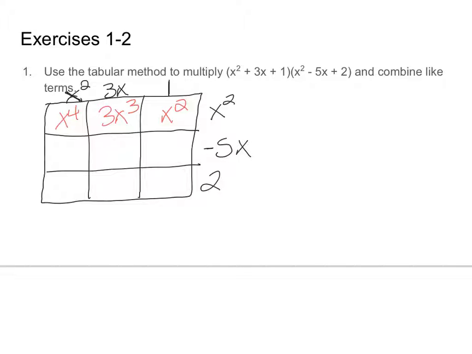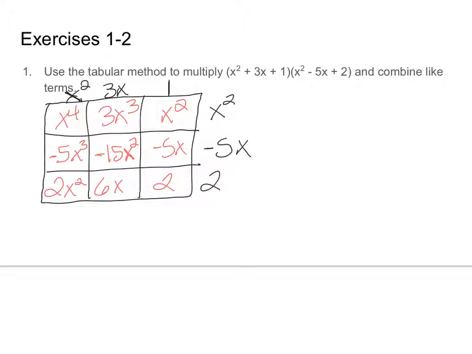X squared and negative 5x gives me a negative 5x cubed. 3x and negative 5 is negative 15x squared. 1 and negative 5x, got it. 2, oh, I messed up my pattern. 2x squared. 3x and 2 is 6x, and 1 times 2 is 2.